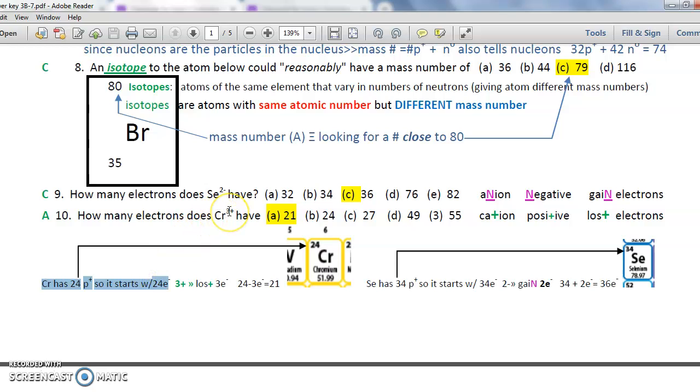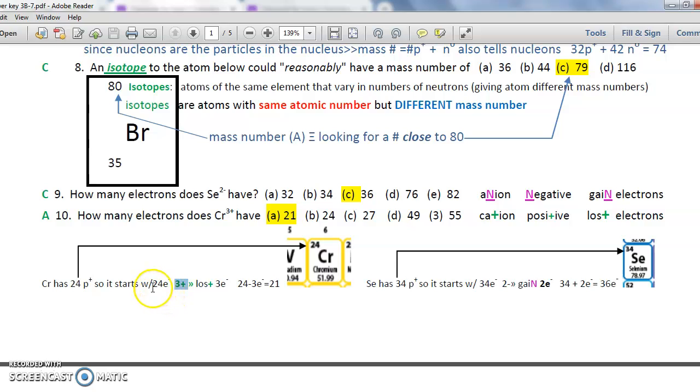If it becomes 3+, it lost. Plus means it lost. You see the big positive sign in the word lost. It had to lose 3 negative things. In order to have 3 more positives than negatives, it has to lose 3 of the negatives, being left with 3 positives more than it started with.